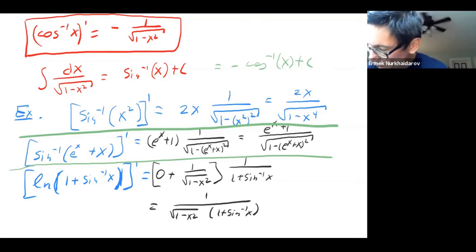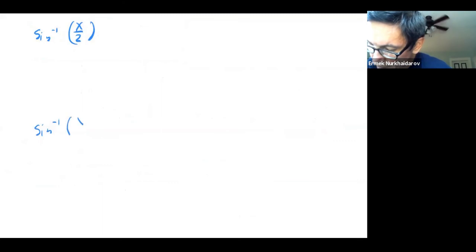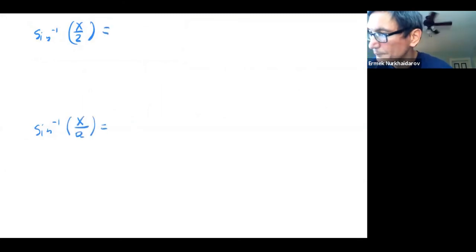Maybe just to make sure, I will ask you two more. Can you find the derivative of sine inverse of x over 2 and the derivative of sine inverse of a bit more general setup, x over a?